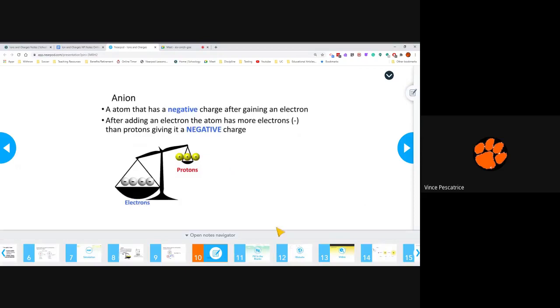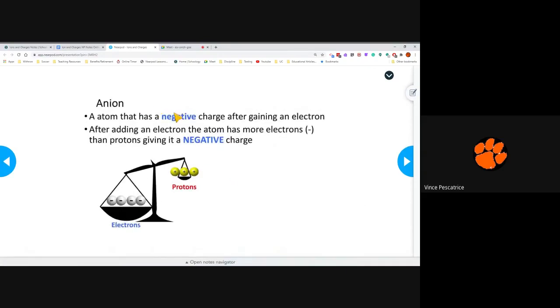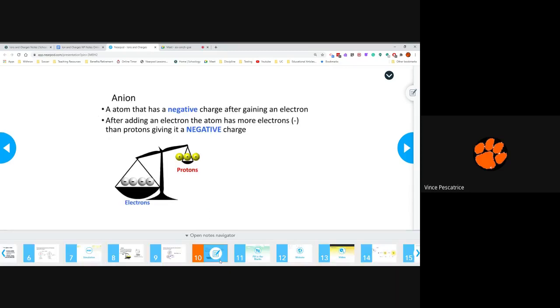Oppositely, an anion is when an atom becomes negative in its charge because it's taken on more electrons, like the fluorine did. The fluorine took on an electron and became negative because it had more electrons than it did protons. So an atom that is negative will gain electrons or take them. That also fills in your notes.